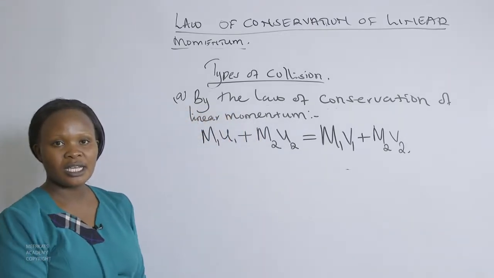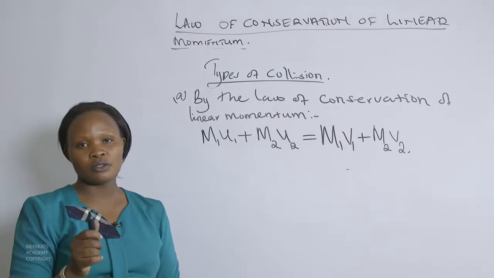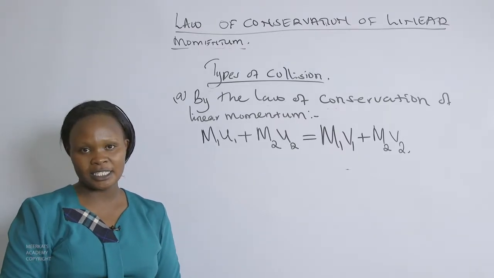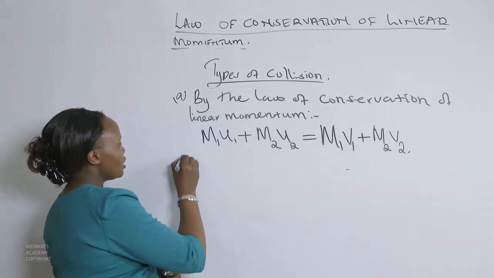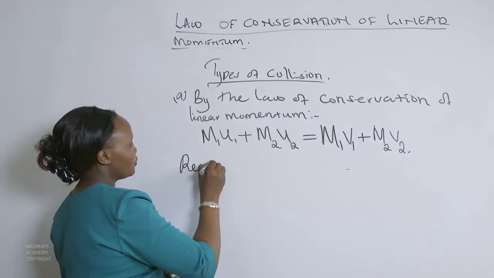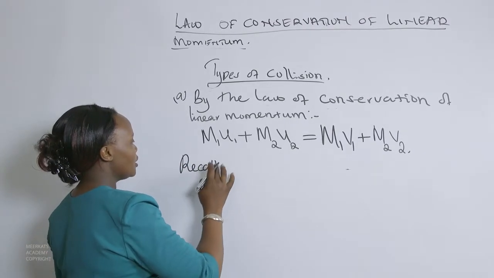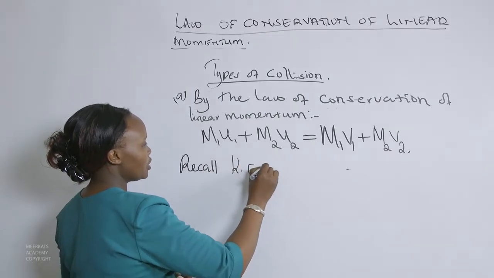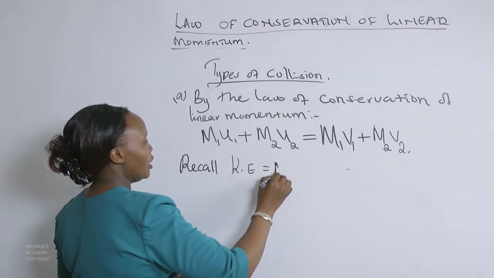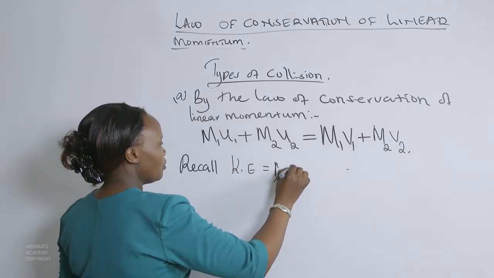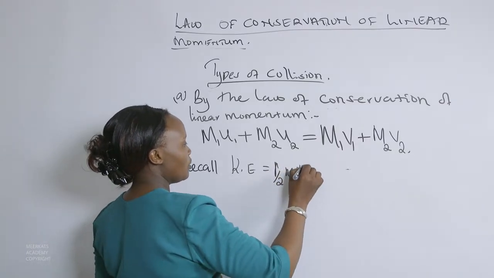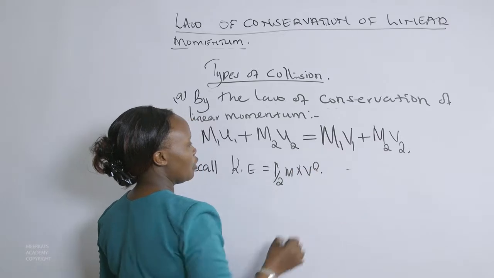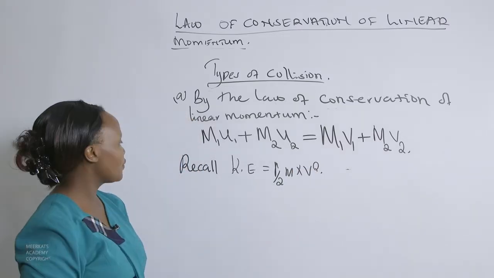But we also said that in this case, we are also conserving kinetic energy. Recall, we said that kinetic energy is given by a half mass multiplied by the square of velocity.